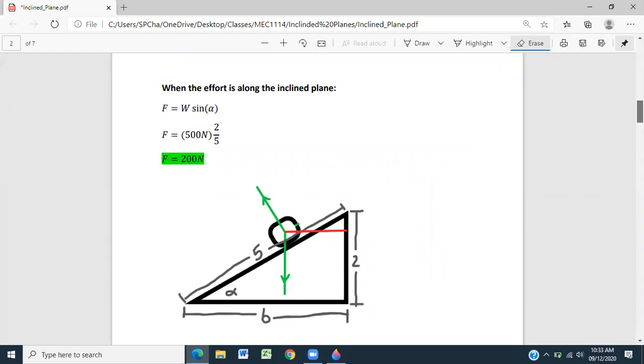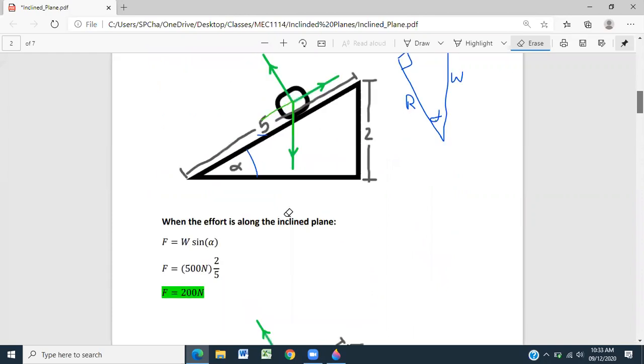So here, parallel to the plane. We established the formula. We established that sine alpha is also 2 upon 5, just a regular trig ratio. So solving for F is fairly trivial as long as we establish this formula. And this formula will apply to all of these inclined planes.